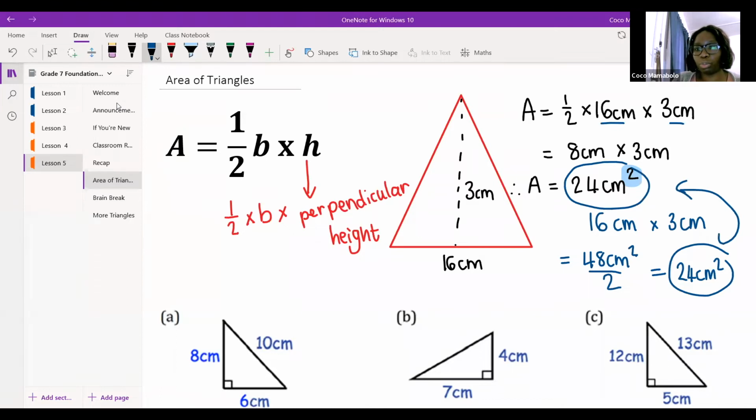Ma'am, why squared even after halving? Oh, squaring means that we have 2 centimeters that we're putting together. So we're multiplying centimeters by centimeters. So centimeter times centimeter will give me centimeters squared. Just like, I don't know if you guys have done algebra yet, but if I have x times x, that's going to give me x squared.